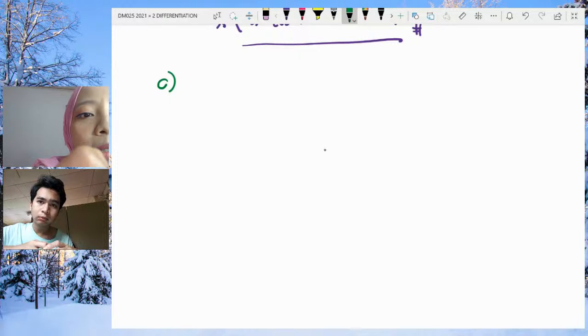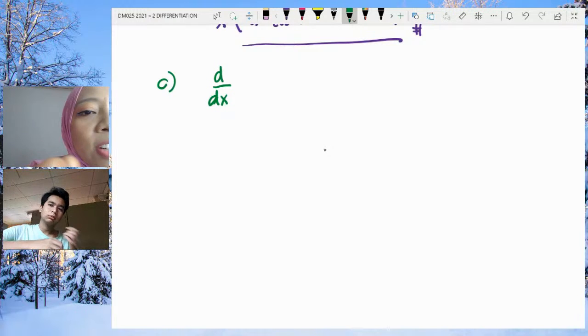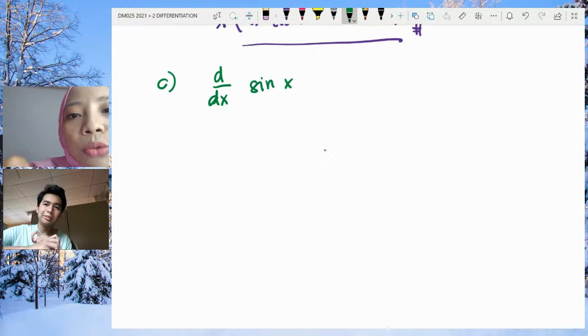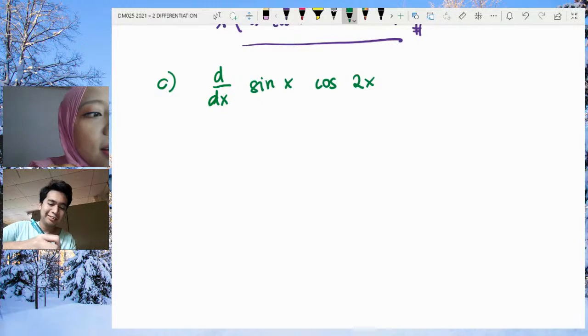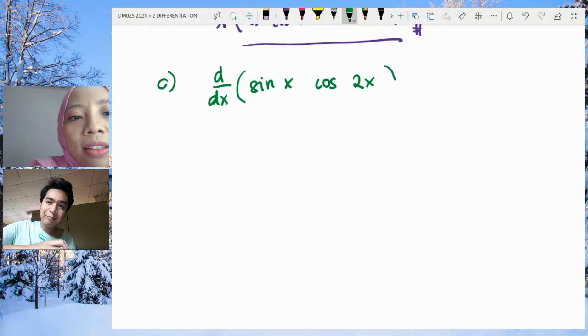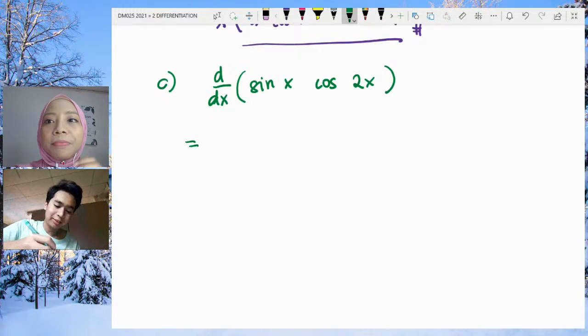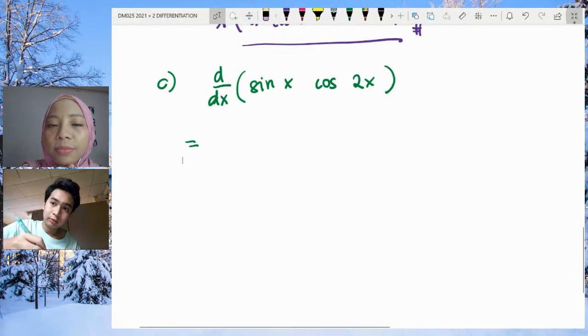Okay, so now last one, differentiate sin x cos 2x. Okay, cuba buat. One last question.